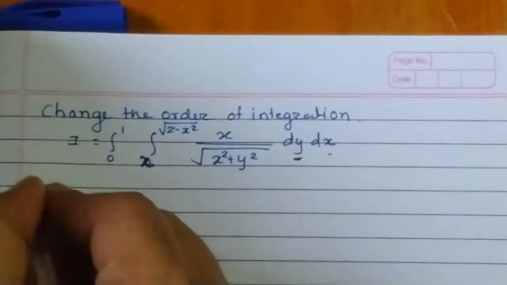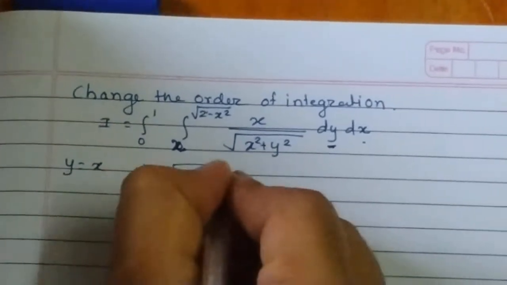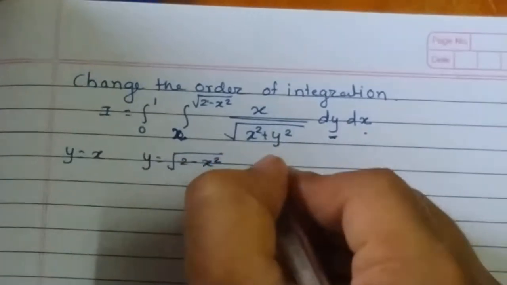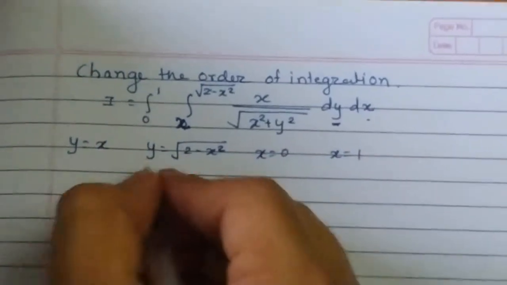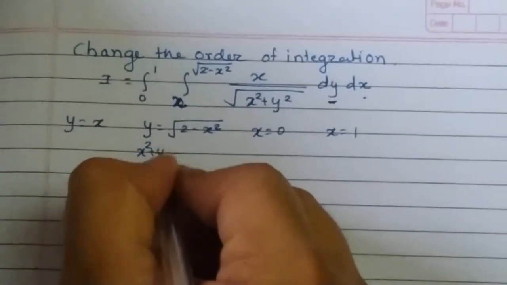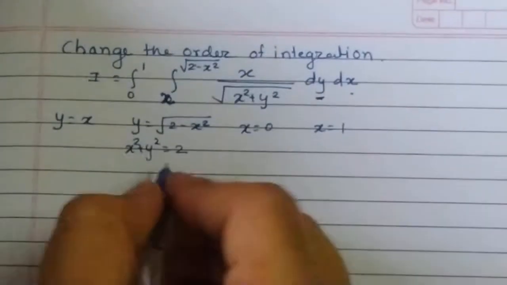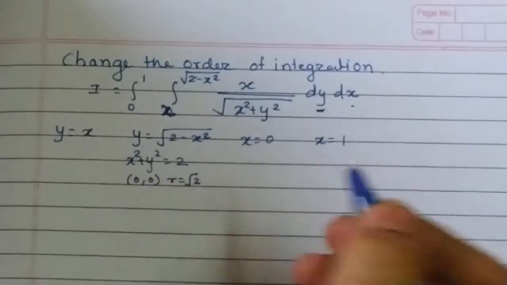So from the limits of the integral I get the curves y equal to x, y is equal to square root of 2 minus x square, then for the outer integral x is equal to 0 and x is equal to 1. So y is equal to square root of 2 minus x square means x square plus y square is equal to 2, which is nothing but a circle, center at origin and the radius is root 2.